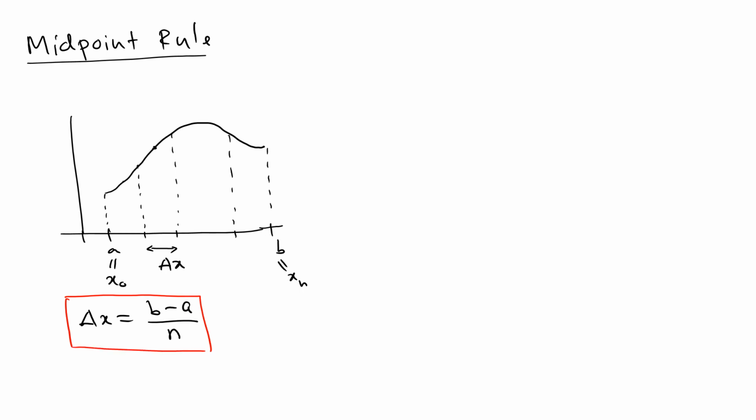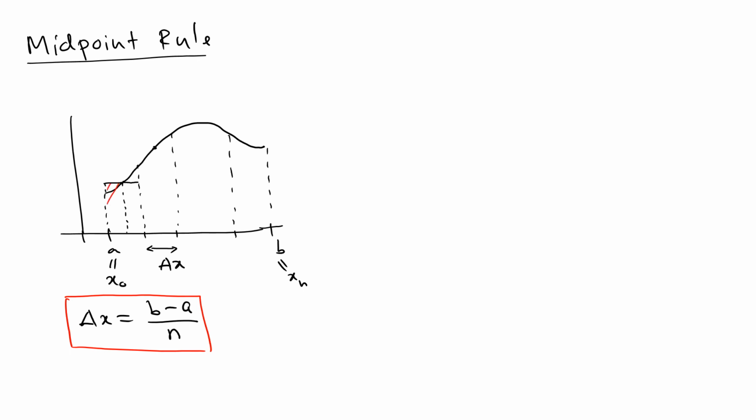Now the goal is to find the area below the curve. So we find a typical value. The typical value is the value at the midpoint of each interval. We use this as a representative value and consider that as the area.